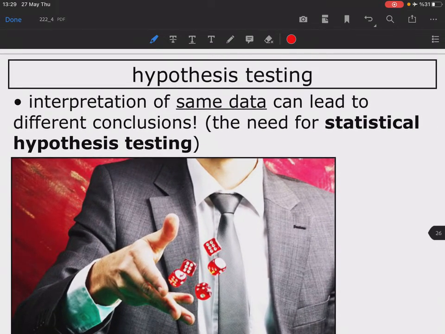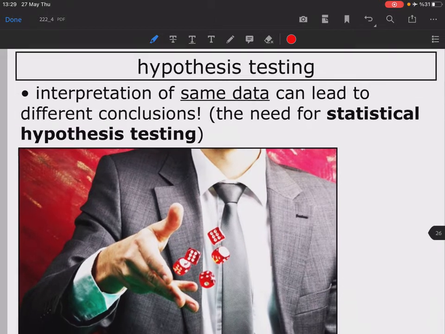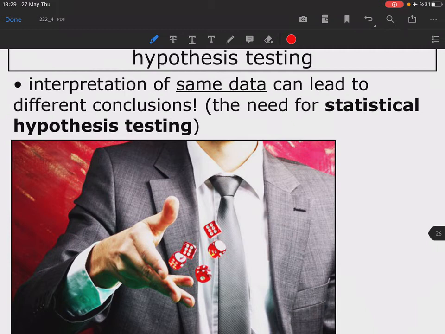Okay, now we're going to talk about hypothesis testing. The main reason for doing this is that the interpretation of the same data can lead to different conclusions. Suppose you're getting 6 on consecutive, for example, 5 dice rolls.